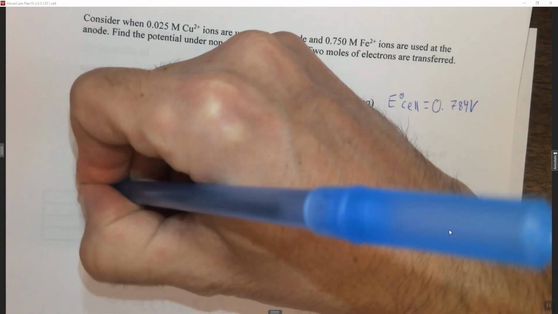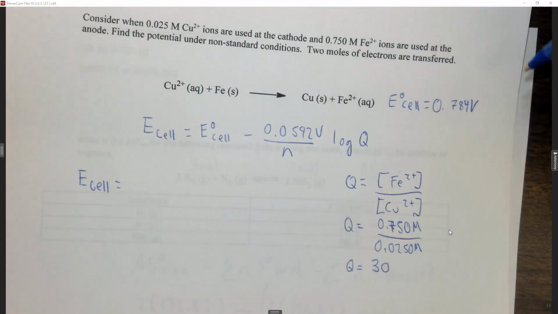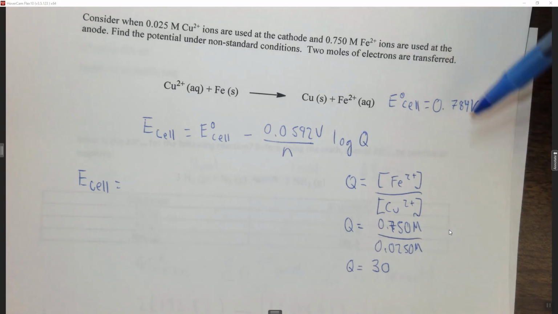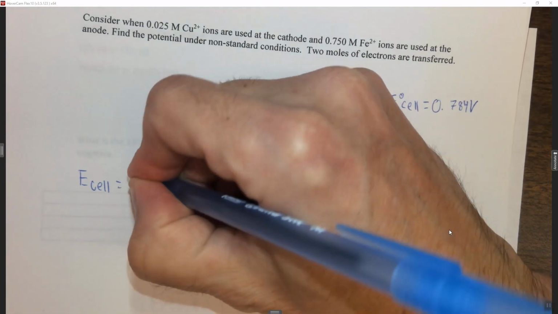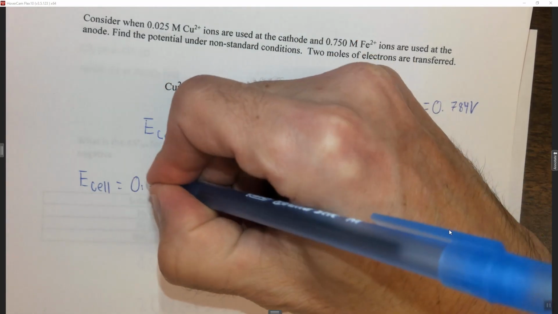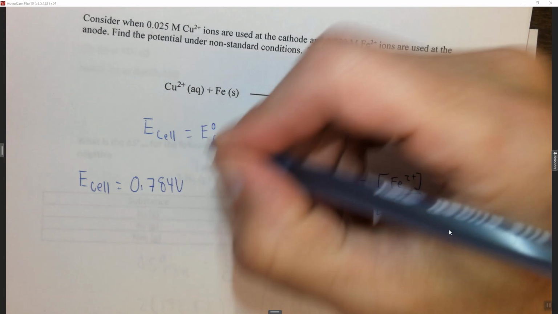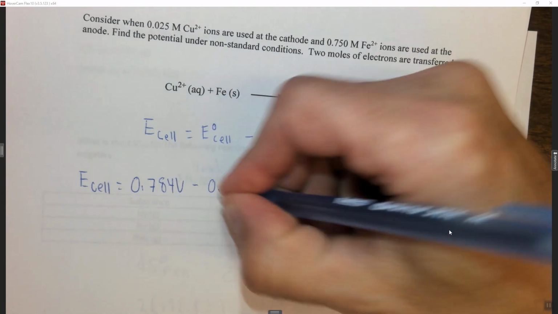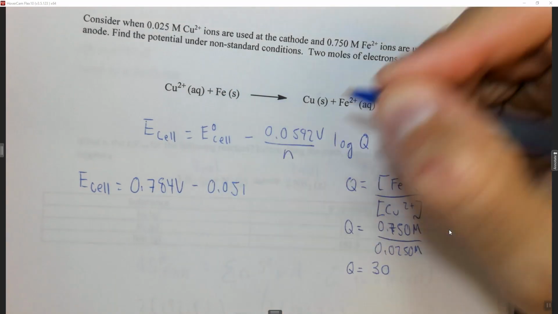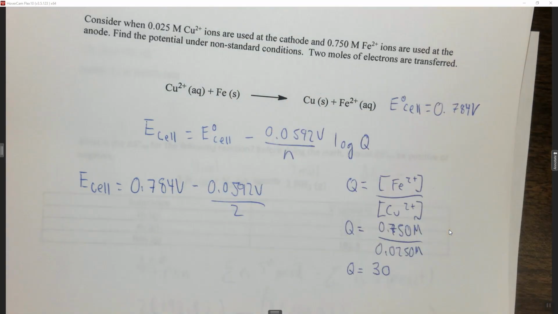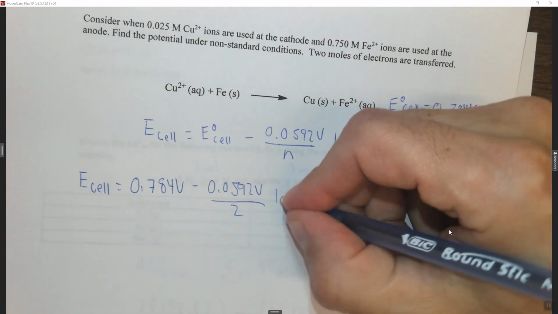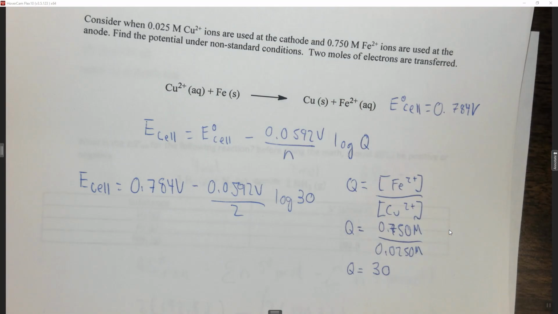E cell equals the standard cell potential, which is just reduction minus oxidation, just like before, except we had figured it out before, so I'm not going to redo that. It's 0.784 volts minus 0.0592 volts over the 2 moles of electrons that are transferred times the log of 30.